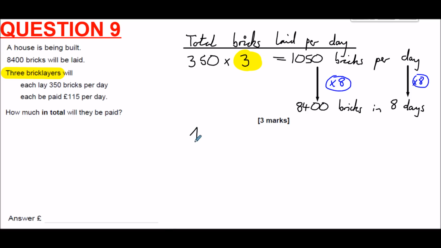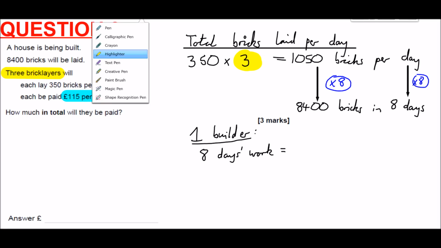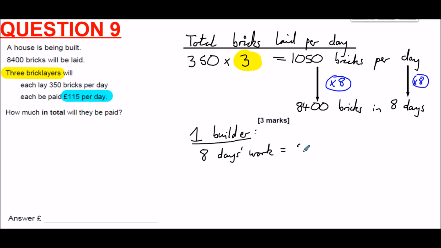And so for one builder, eight days work, he'd be owed 115 per day, because that's how much you get paid per day, multiplied by the number of days he or she's working for.